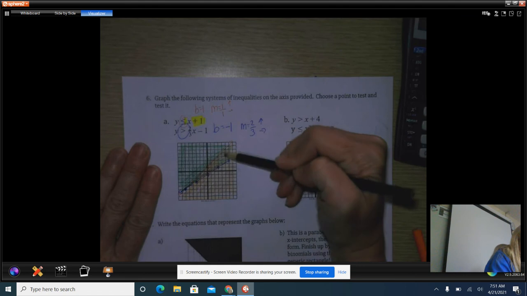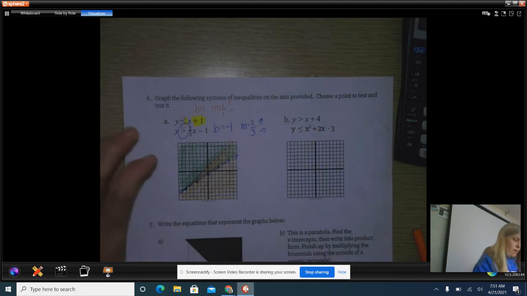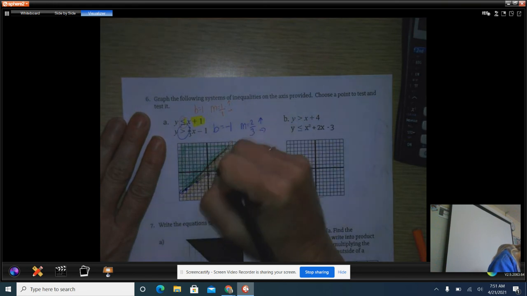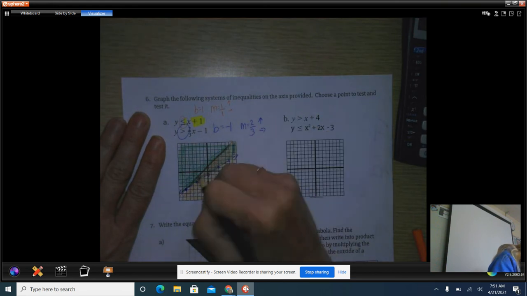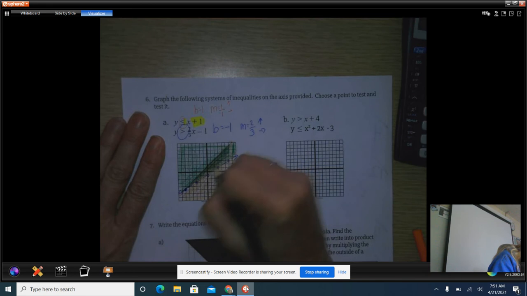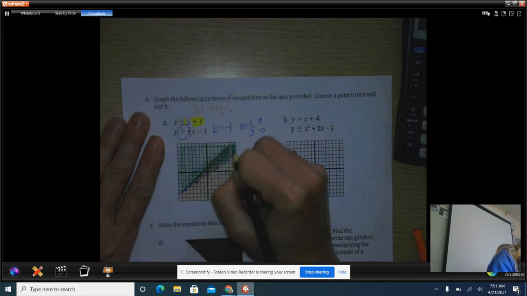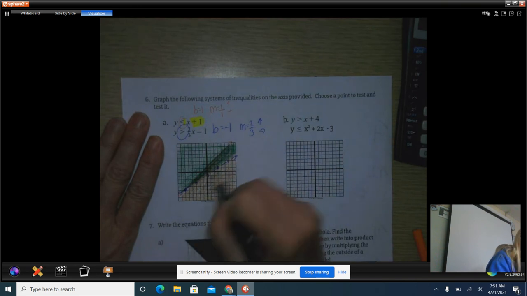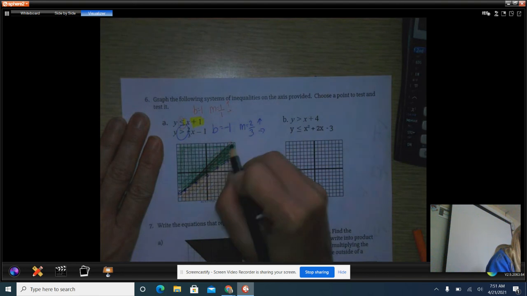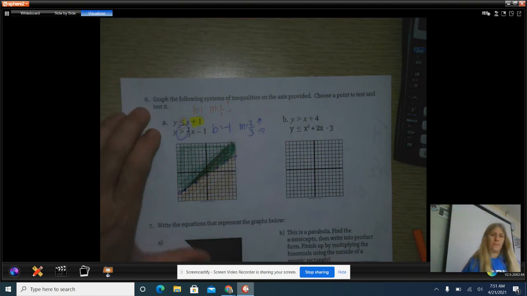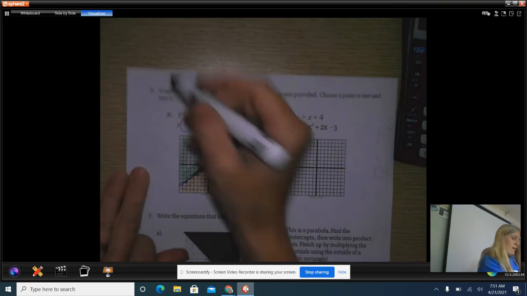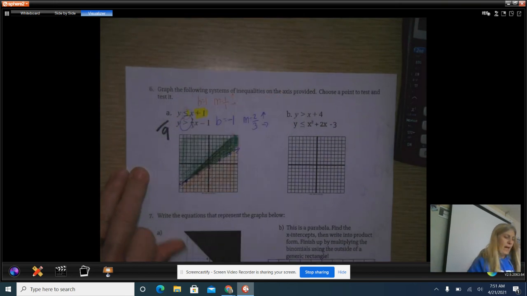And then your 5th point is going to be for making darker your solution, which is that double shaded area. Now remember, it includes everything on the solid line, and it does not include anything on the dashed line. The dashed line will make them not true. Okay, so there is 9 points for letter A.